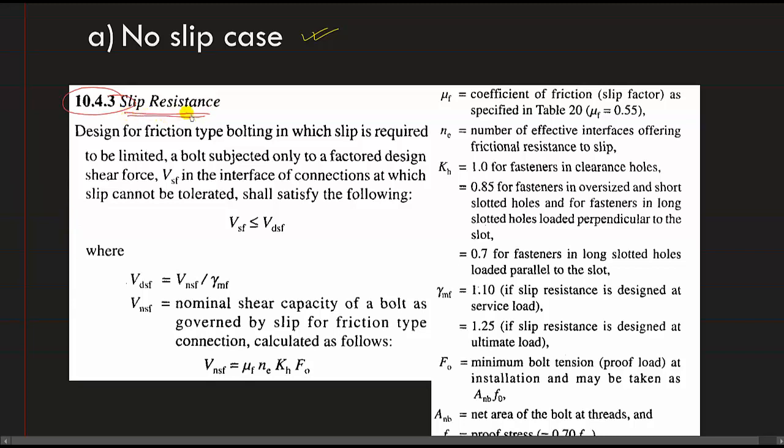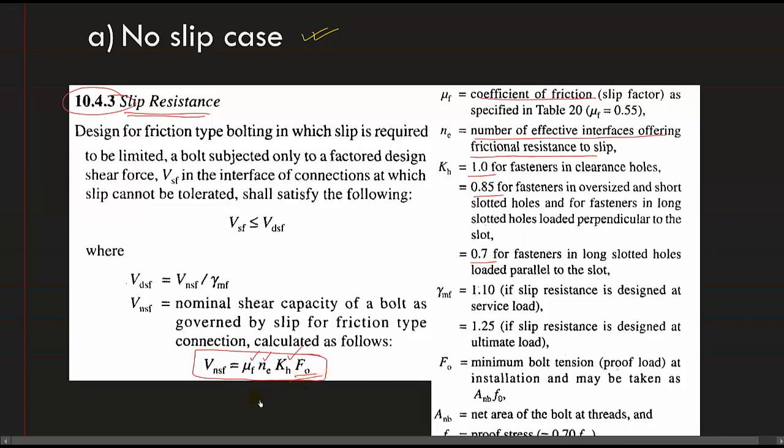This gives me the maximum load that this kind of bolt can take, given in terms of slip resistance, by this formula, where mu f is the friction coefficient, Ne is the number of effective interfaces offering friction resistance, and Kh is another constant that can be 1.0 or 0.7 depending upon the situation.